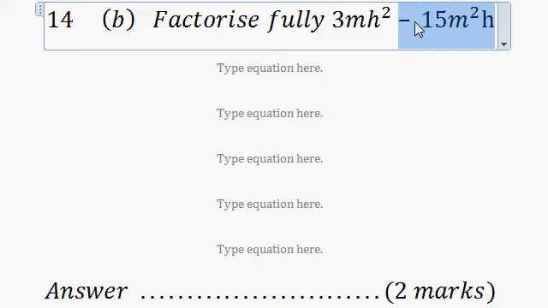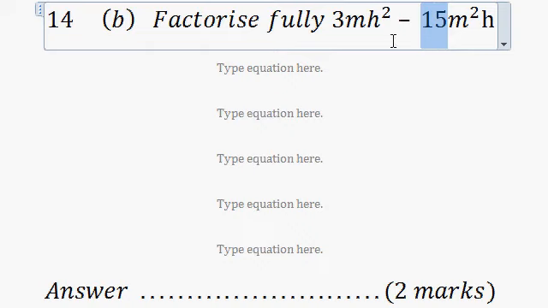Do they both have anything in common? Well, I'm going to start with the numbers 3 and 15. Do they have anything in common? Yes, they do. They can both be evenly divided by the number 3. 3 goes into 3 once, 3 goes into 15 5 times.